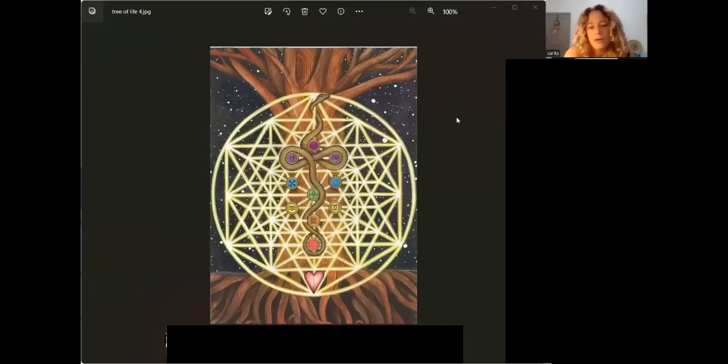And then obviously you've got the Kundalini energy rising. You don't have to call it Kundalini, it could just be earth energy rising. But we also have sun energy coming down as well. I also love this because it's got the lemniscate in it.